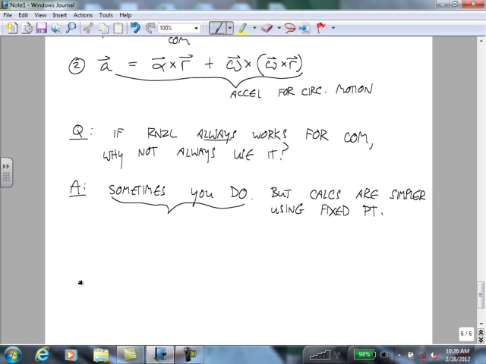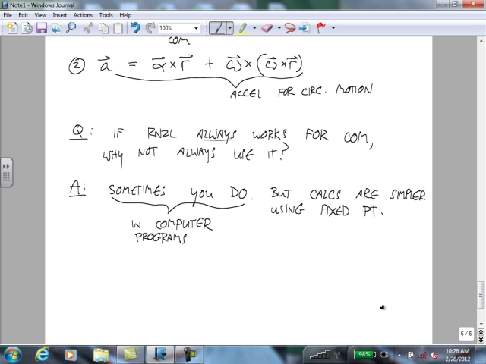Okay, so when do you use this approach? A lot of times if you're writing a computer program to do these calculations, you don't want to have separate cases, having to figure out whether there's a fixed axis or whatever. Even if the calculations get complicated, the computer does all those instantly, so you don't really care about that. So often in computer programs, you will just always do your calculations about the center of mass.